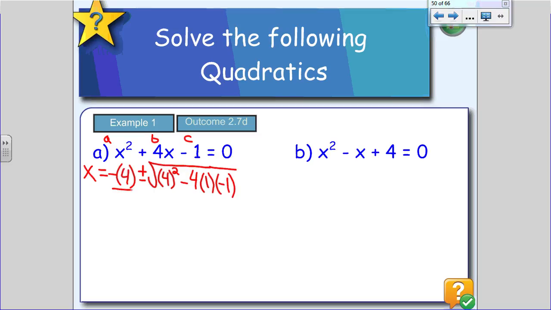I'm showing every single thing that I substituted in there. I used brackets for every single letter that I substituted into that formula. And now I'm going to calculate just what's underneath the root. So it's going to change to become x equals negative 4 plus or minus root. I'm calculating what's underneath the square root sign. 4 squared is 16 plus 4 more is 20. Divide by 2.